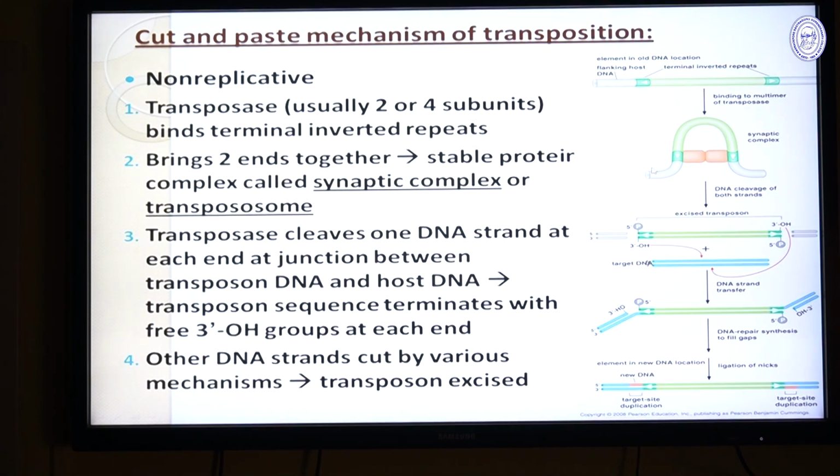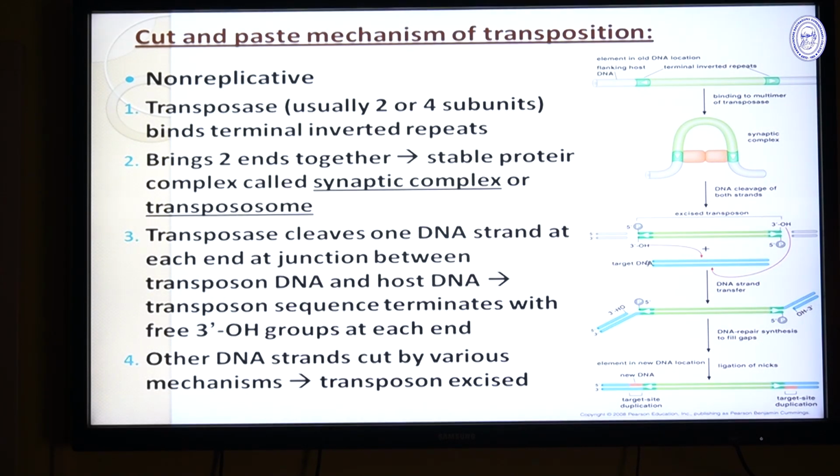Okay. Now, coming to the third step of the diagram, after this binding the transposase's job is to cleave, because its target is to extract the transposon out. Now this cleaving never happens in a single step.